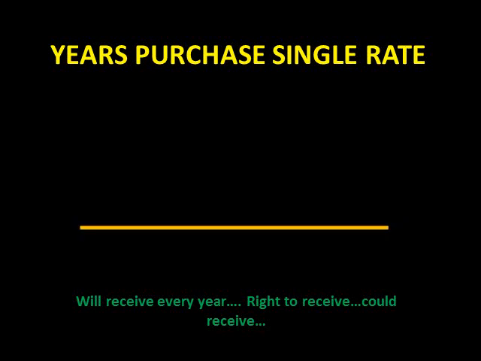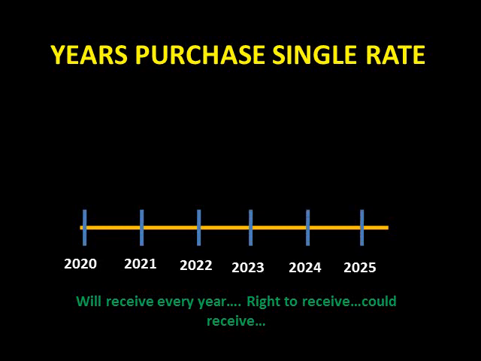Right, so this is an example of the timeline, to make it more clear. Let's say I have a property and I want to invest in it, or rent it out, today, in year 2020. That property will be rented out for 5 years, starting from this year, 2020, 2021, 2022, 23, 24, and 25.